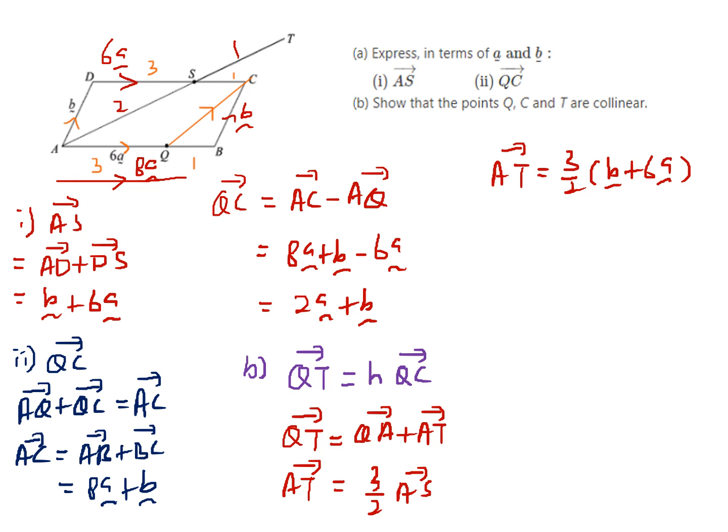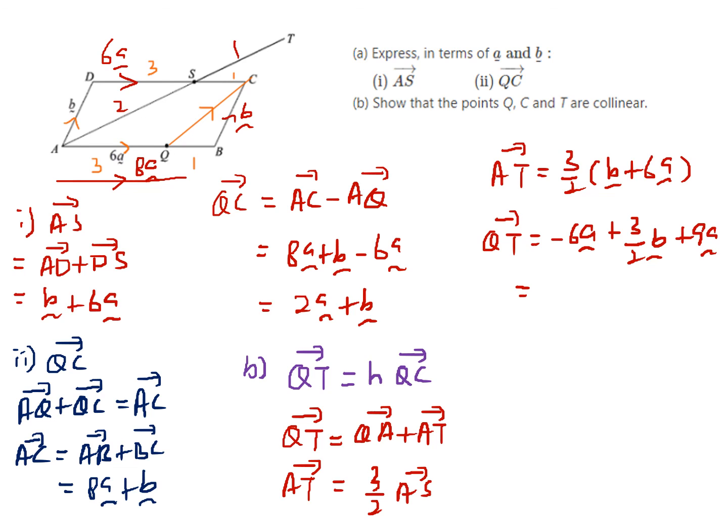Now QT will be equal to QA plus AT. QA is the opposite vector of AQ, so we get negative 6A plus 3 over 2 B plus 9A.